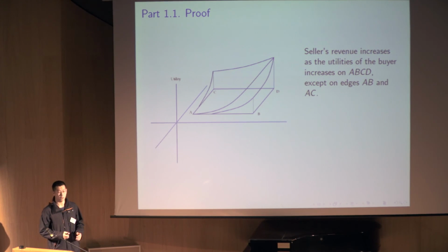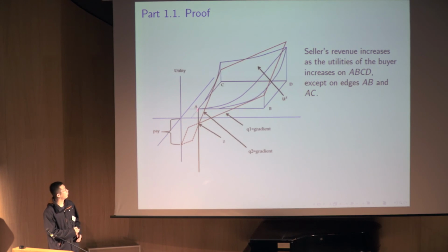And under our condition, the revenue increases as the utilities of buyers increase on A, B, C, D, except on edges AB and AC. And this is the utility surface. So to increase the seller's revenue, we should fix the utilities on AB and AC and increase the utilities on other parts as much as possible.